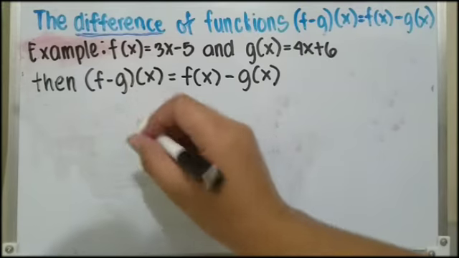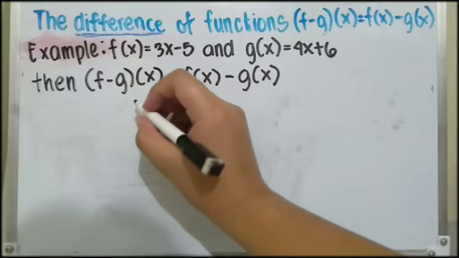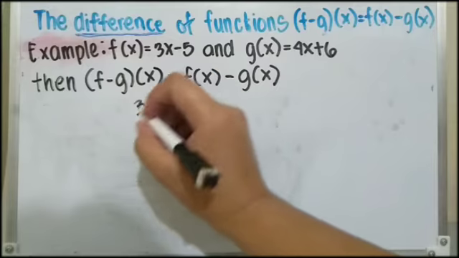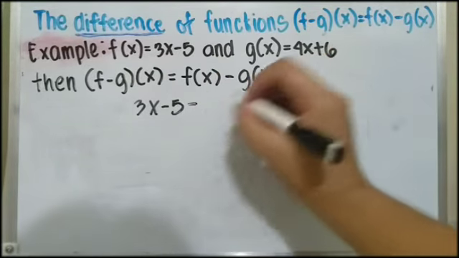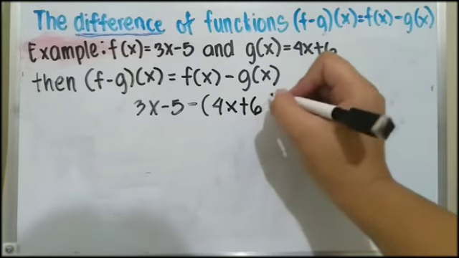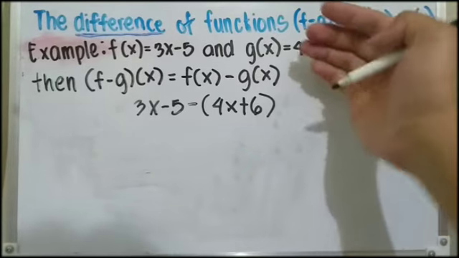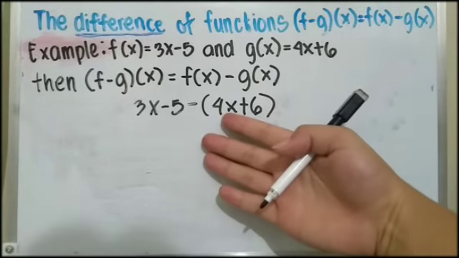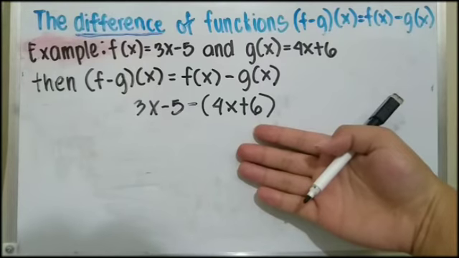The value of f(x) is 3x minus 5, minus (4x plus 6). So why are we putting parentheses? Because if we put parentheses, the sign of 4x and 6 will be changed.